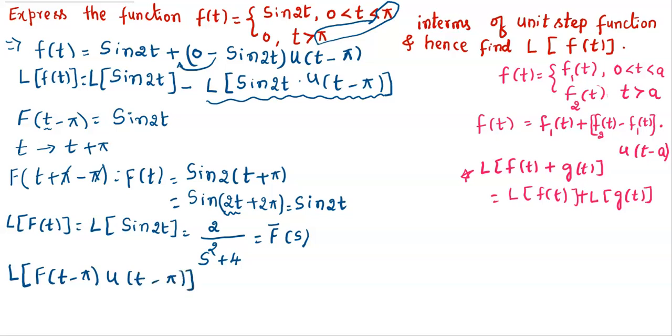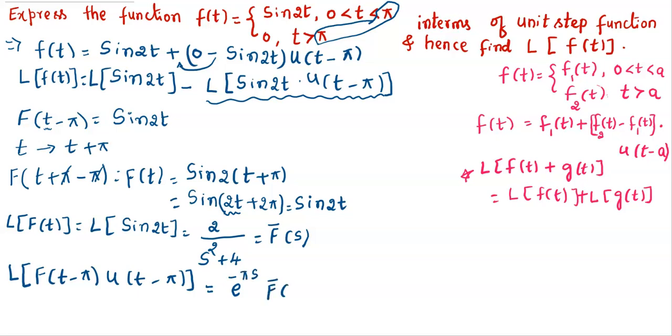We have the property of the unit step function: when the function is in the format of capital F of t minus a into u of t minus a, the transform is e to the power of minus a s, F bar of s. Here a is pi, so pi into s.